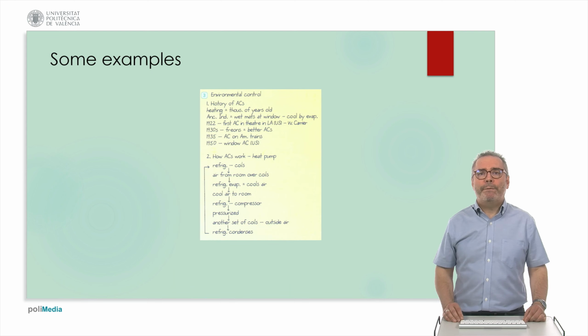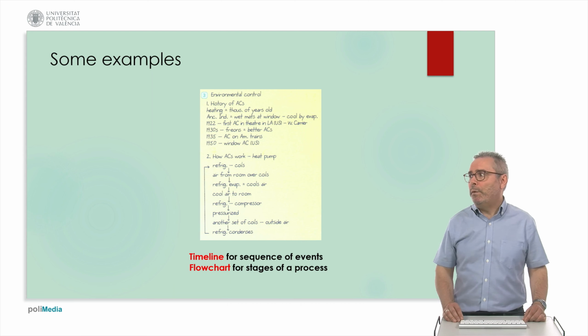Next, we have two types of displaying information visually. We have a timeline, because we have a sequence of events, the history of something, and we have a flow chart, in this case, not a very elaborate one, but it's a flow chart anyway, for stages of a process, which could be more visual, but this is one example of a flow chart.